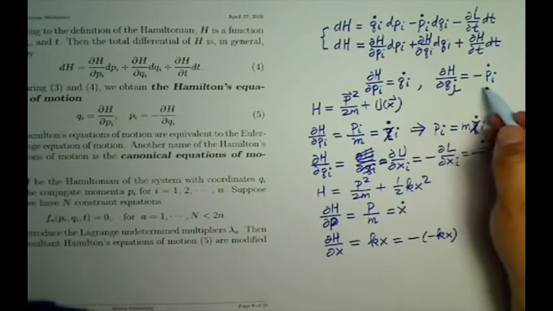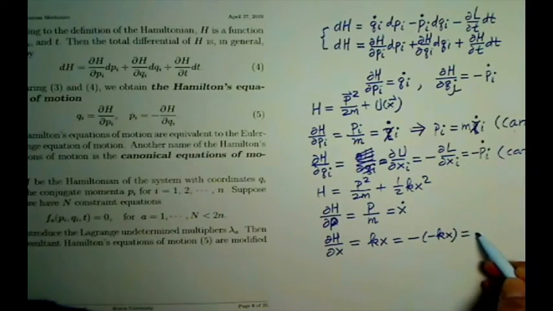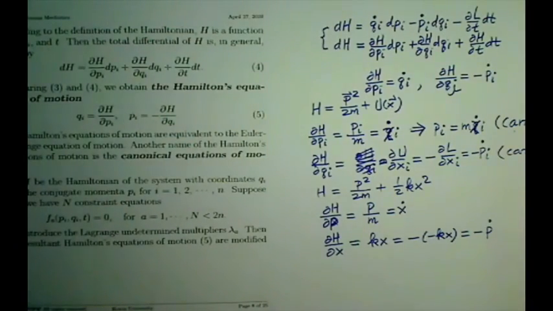And that is minus p dot. We have two coupled equations: p equals m x dot and p dot equals minus kx. p dot is actually the force.